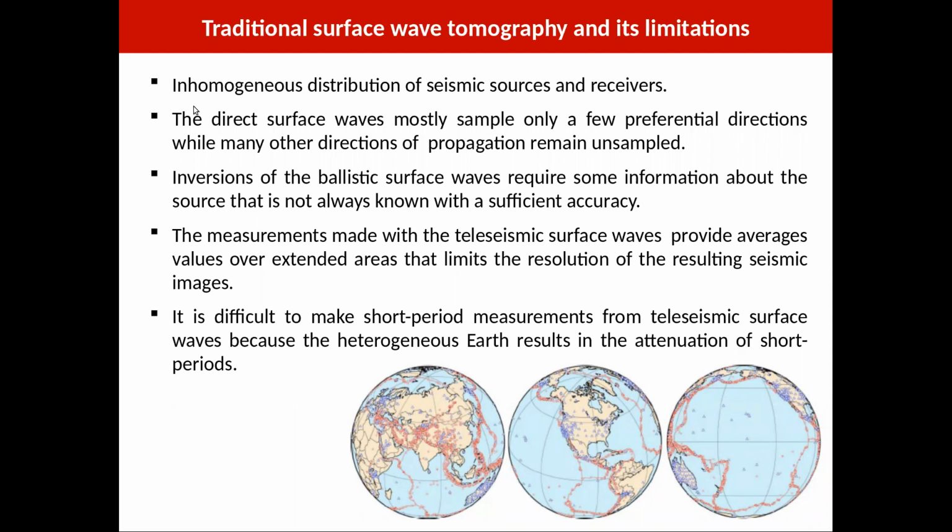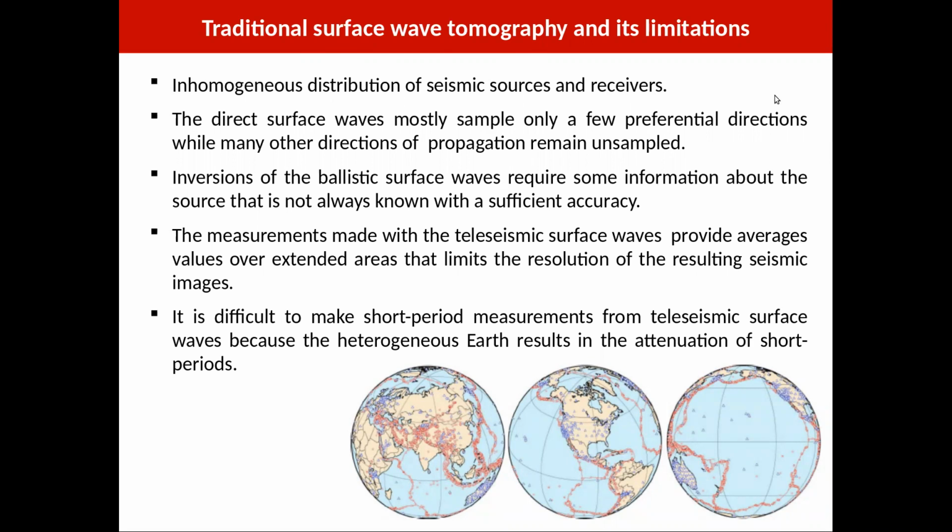Okay, so the point is, the reason the ambient noise method is gaining more traction these days is because of some limitations of the surface wave tomography methods using earthquakes. One is the inhomogeneous distribution of the sources, the earthquakes, and the receivers.